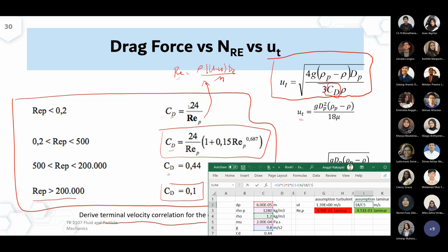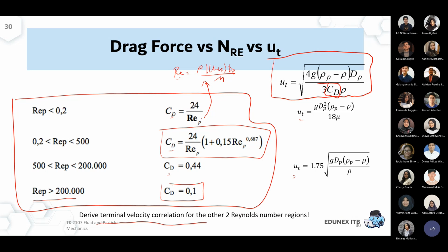The problem here is, again, if you want to start with the CD, for laminar, CD is 24 per RE. And to calculate RE over here, you need the slip velocity. And the slip velocity over here is actually the same one as the one that you want to calculate.